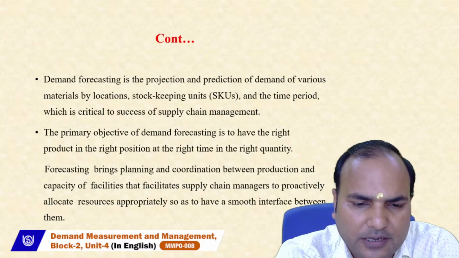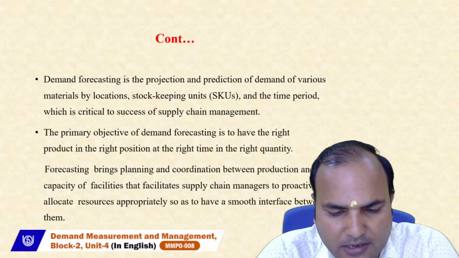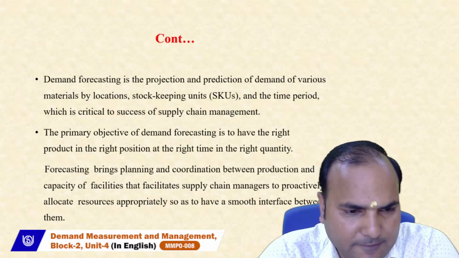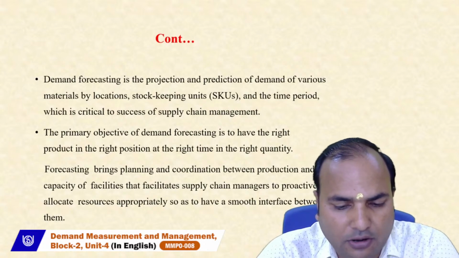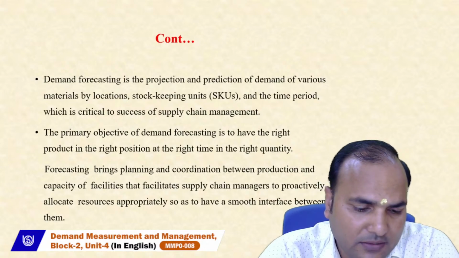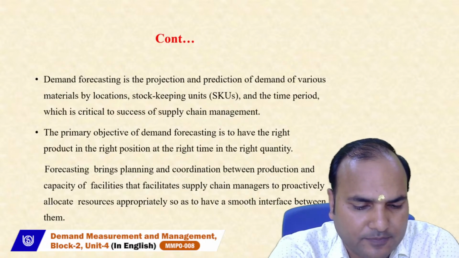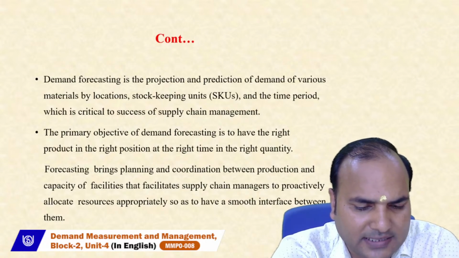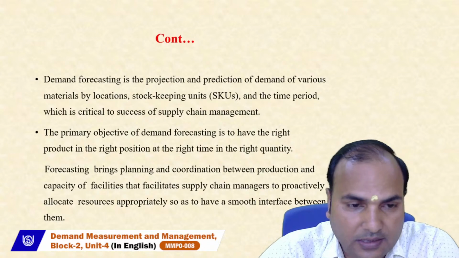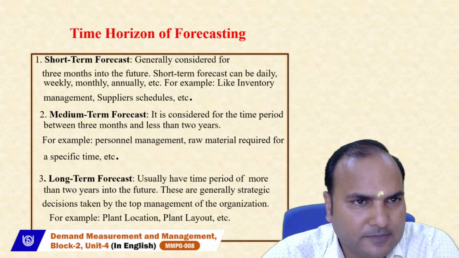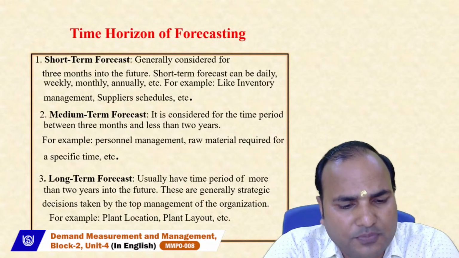Demand shaping involves influencing customers' demand through marketing and pricing strategy. For example, offering promotions or discounts during off-peak periods can help smooth demand. Another is demand sensing. What is that? Demand sensing refers to the real-time monitoring of customer demand signals. These are some of the key aspects. Now let us discuss the time horizon of forecasting.